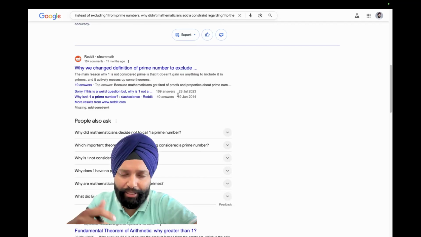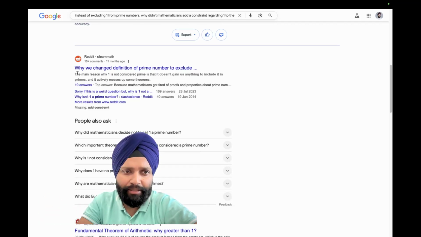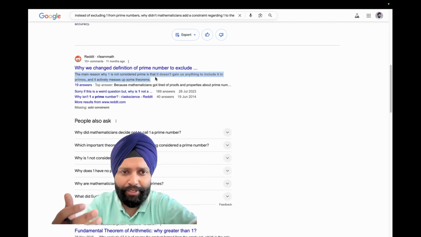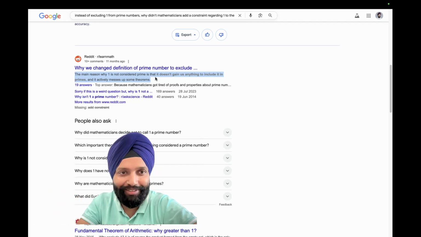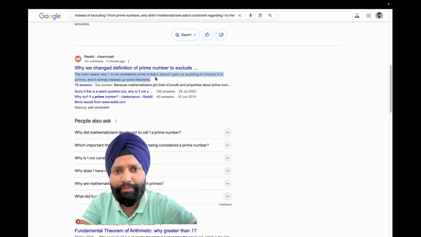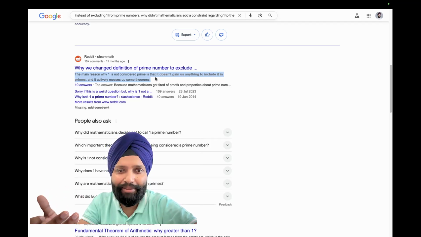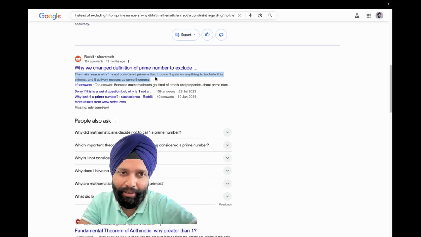Actually, what I later figured out, and actually this is given here straight away, but what I also realized as I was talking to various AI tools, ChatGPT, Claude, and all that, is that essentially one is not considered prime because mathematicians figured out that they don't really gain by calling it a prime.